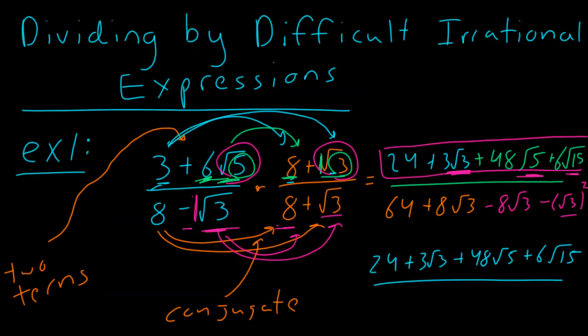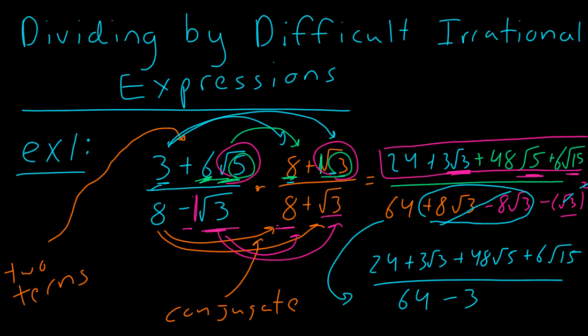But notice here on the bottom, the plus 8 square roots of 3 minus 8 square roots of 3 will cancel. And over here, the square root of 3 squared, the square root and the square cancel. And what do we really see here? We really see on the bottom 64 minus 3.